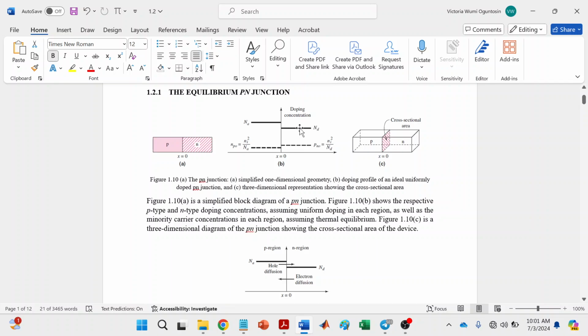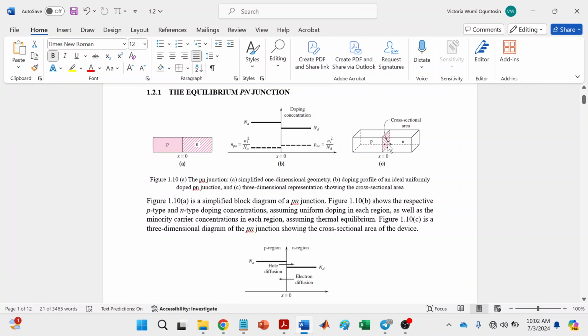If this is the concentration of the doping in the N region, the electrons are the majority carriers. This is the level of the holes, which are the minority carriers. We talked about that in the previous class. This is the cross-sectional area.